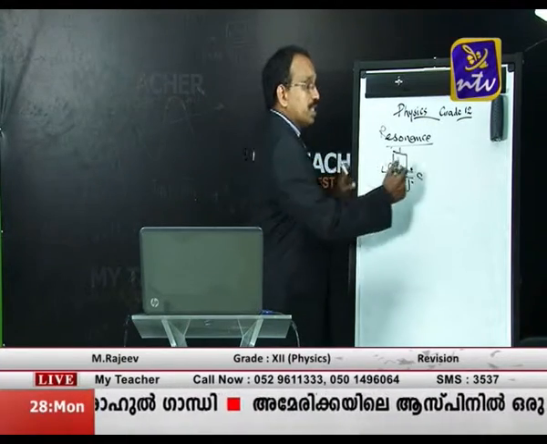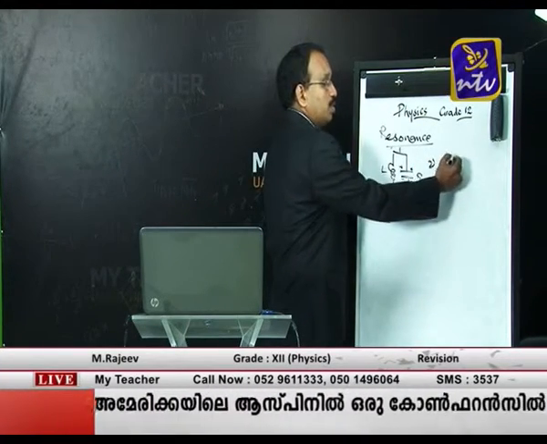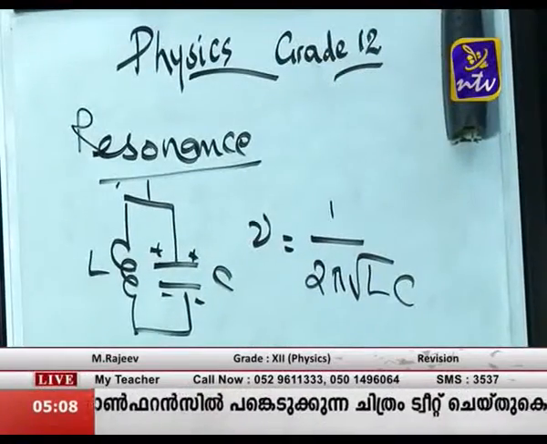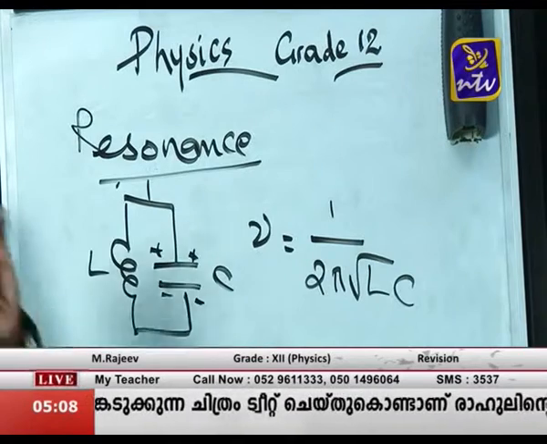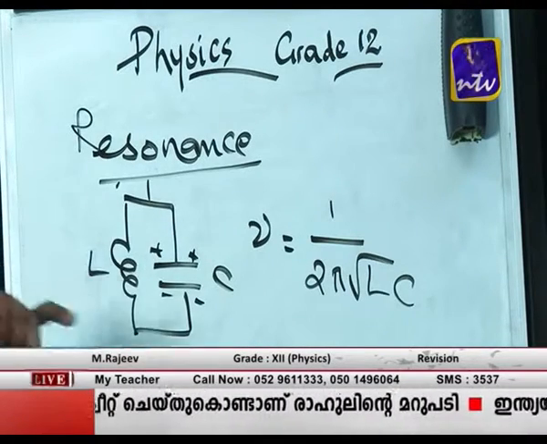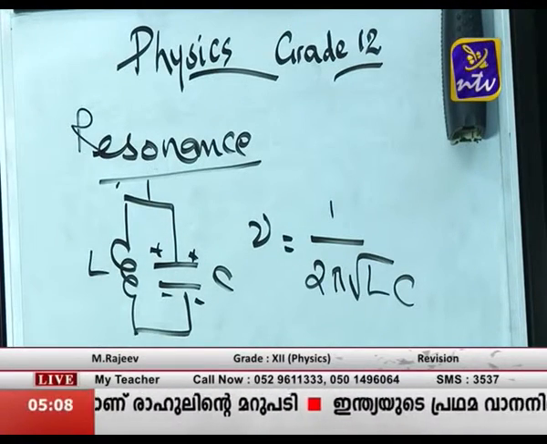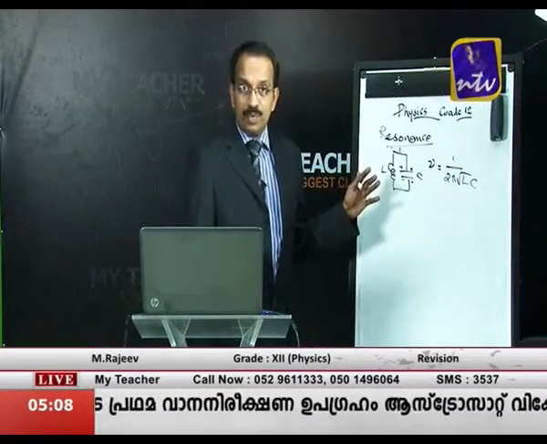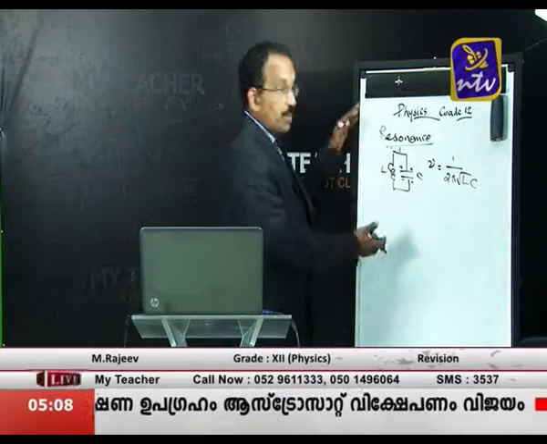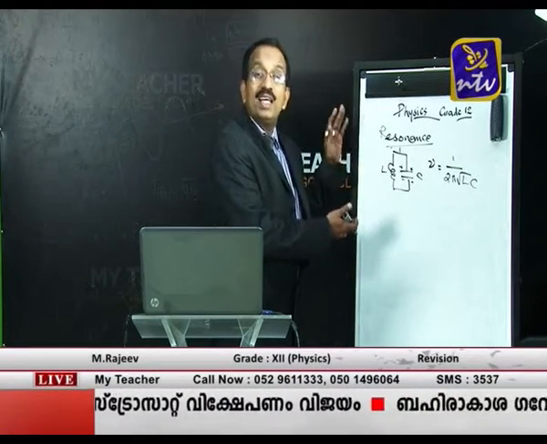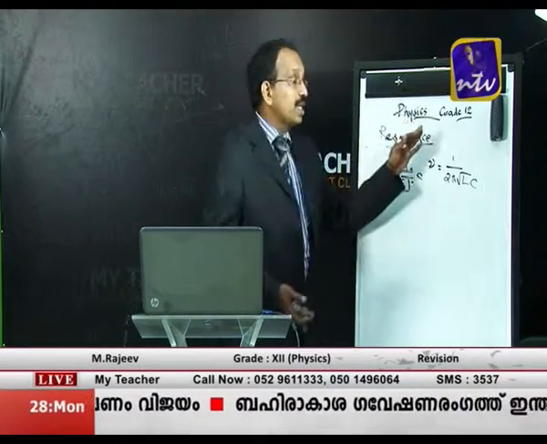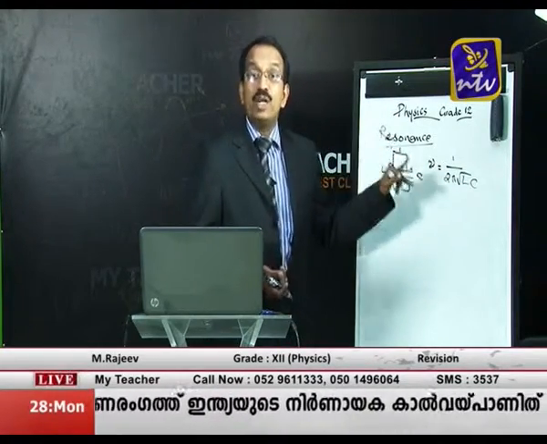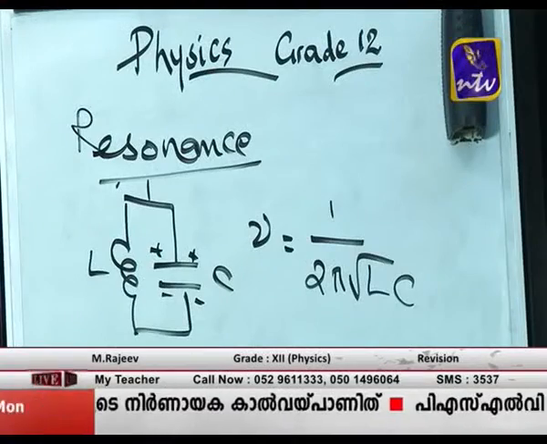These electrical oscillations are given by a frequency nu equal to 1 by 2 pi root of LC. We have studied this. So if a charged capacitor is disconnected from the battery and connected across an inductor, it forms an LC circuit. This kind of LC circuit will produce electrical oscillations of this frequency. This is the natural frequency provided by the circuit.